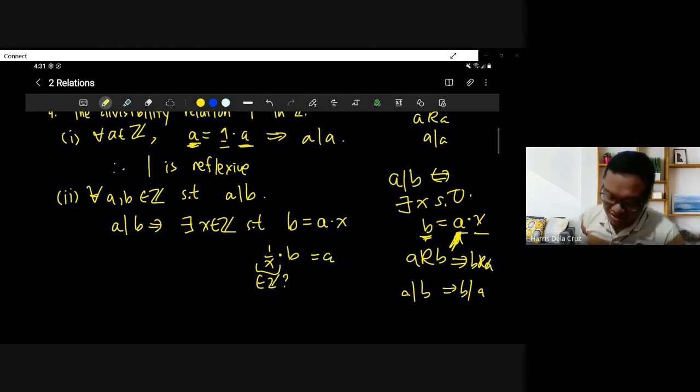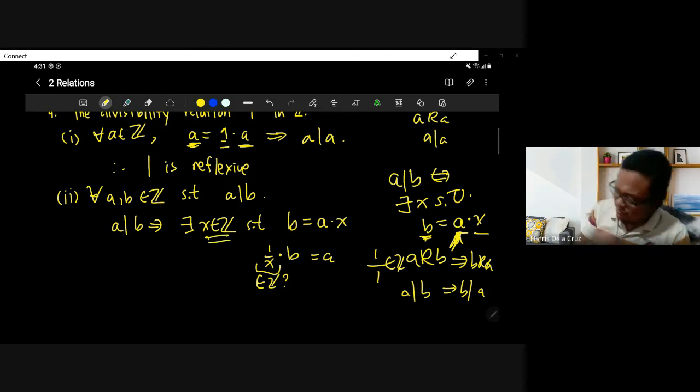Meaning, magiging integer lang yan if X is 1. Tama? 1 over 1 lang yung magpapa-integer dyan. The rest, hindi na siya integer. Tama? Yung X natin, integer. So 1 half, 1 third, 1 fourth, 1 fifth, 1 sixth. Walang integer doon. Ang integer lang pag X is 1.